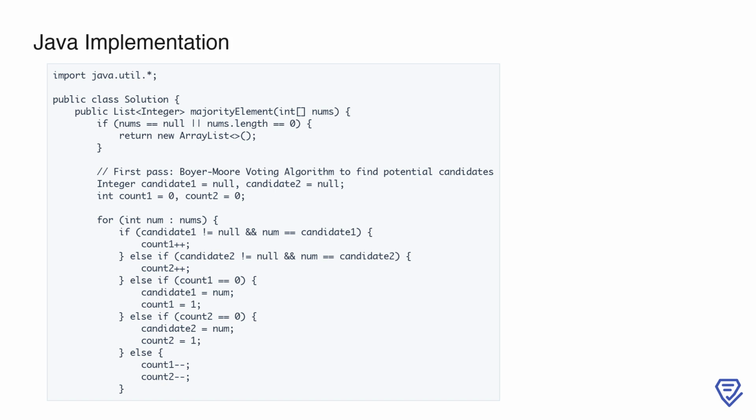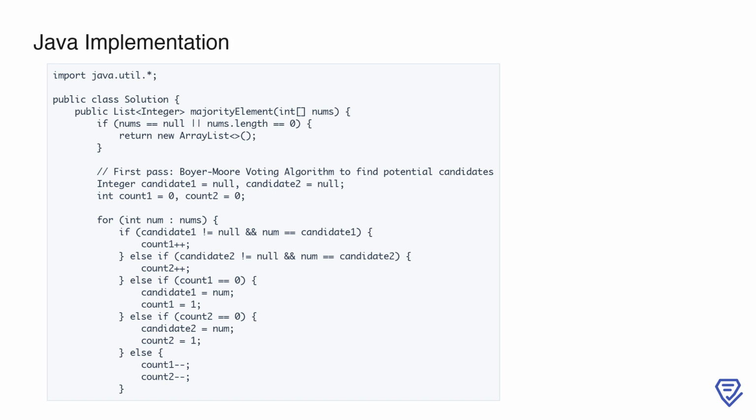In the first pass, we aim to identify up to 2 potential candidates that could appear more than n/3 times in the array. To do this, we initialize 2 candidate variables, candidate 1 and candidate 2, along with their respective counters, count 1 and count 2, all set to null or 0 initially. As we iterate through the array, we update these candidates and their counts based on specific conditions.